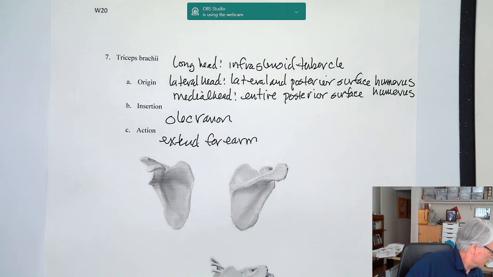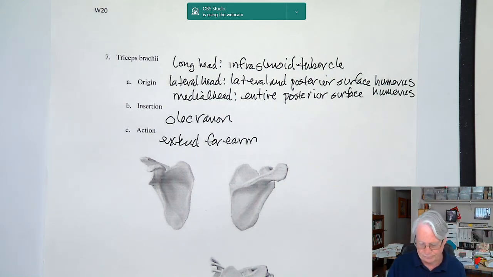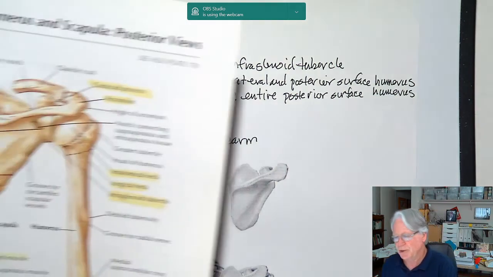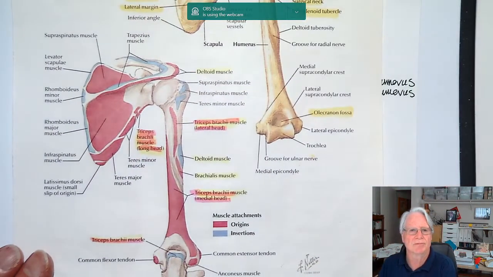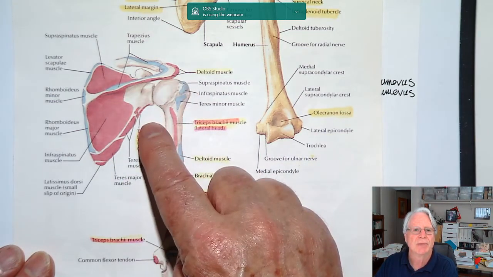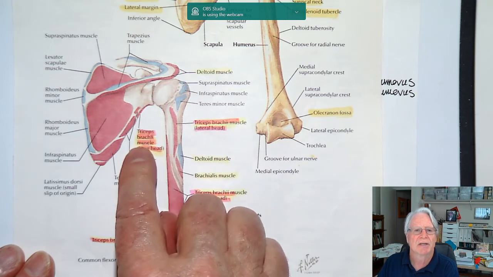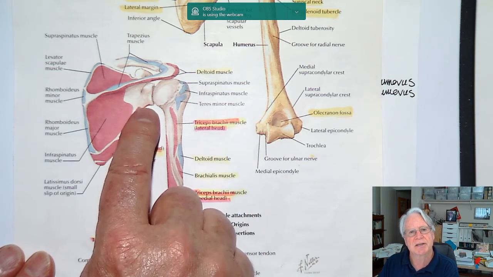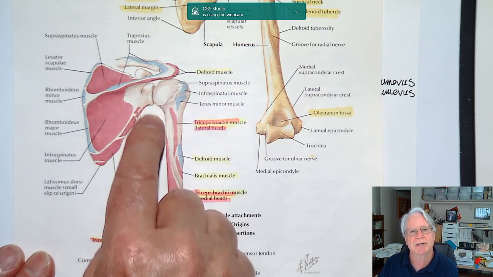All right, let's do this. So, scapula, spine of the scapula, and we're going to have the long head, infraglenoid tubercle right there.